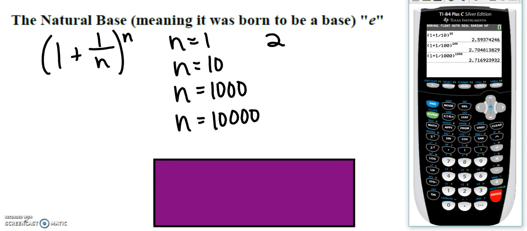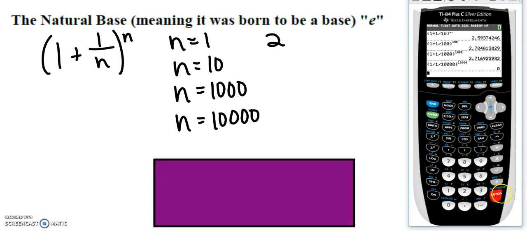All right, so hopefully your calculator screens look like this, and we ended up with 2.593, 2.704, and 2.716. So this is only when n is equal to 1,000. If I go out to 10,000, all to the 10,000th power. It's a lot of power.